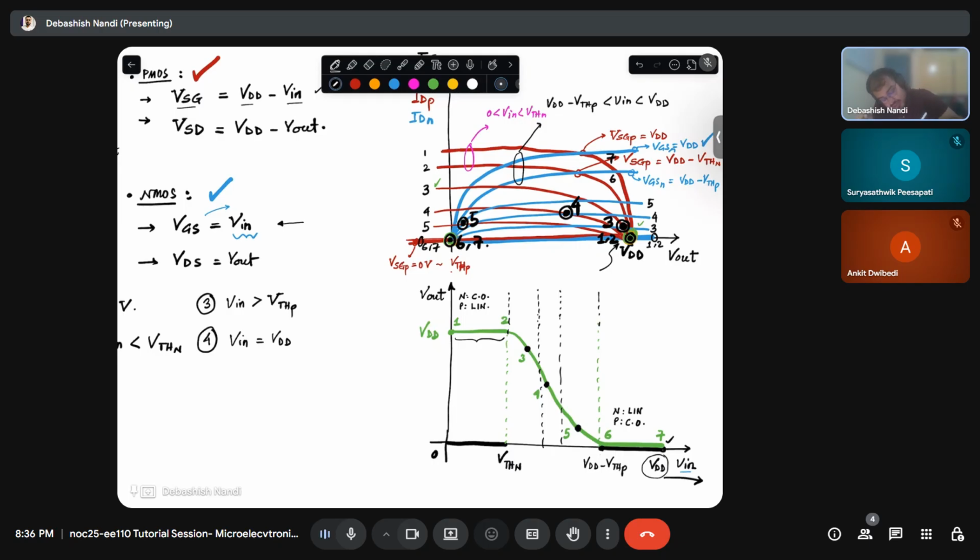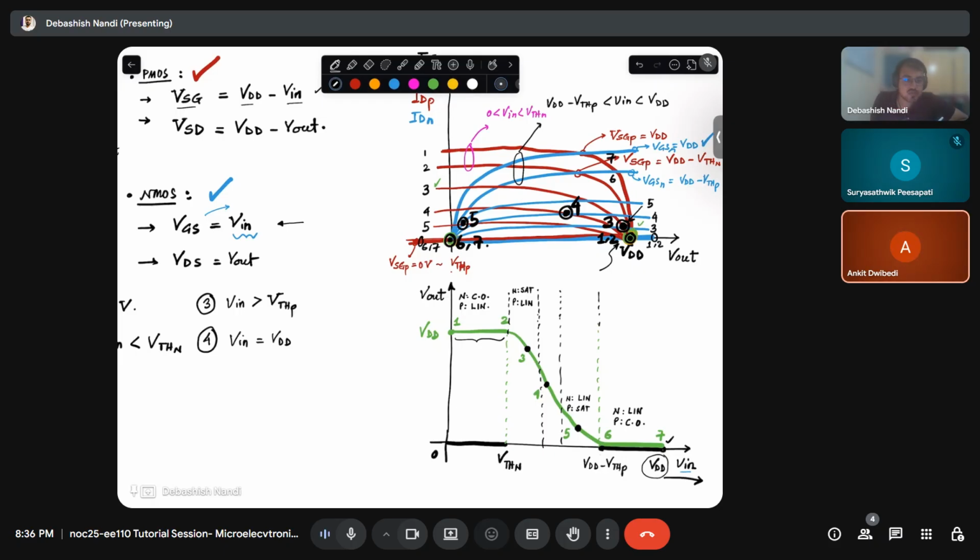At this point, what is the condition of NMOS and PMOS? NMOS, you can see, is in saturation and PMOS is in linear. Similarly, at point 5, PMOS is in saturation and NMOS is in linear.